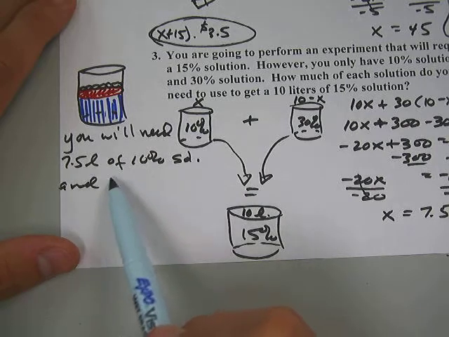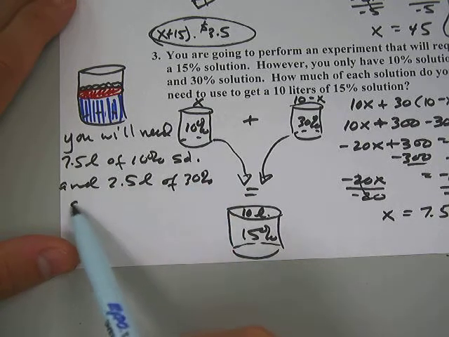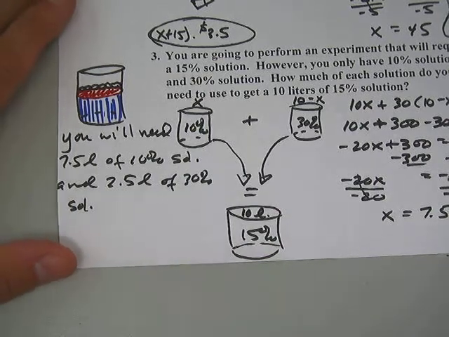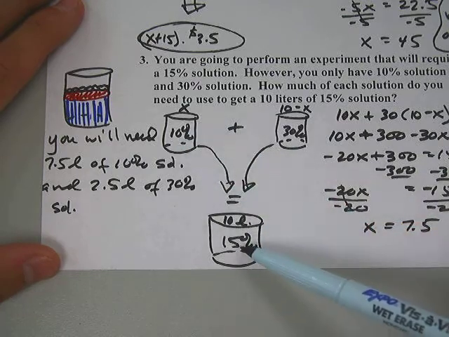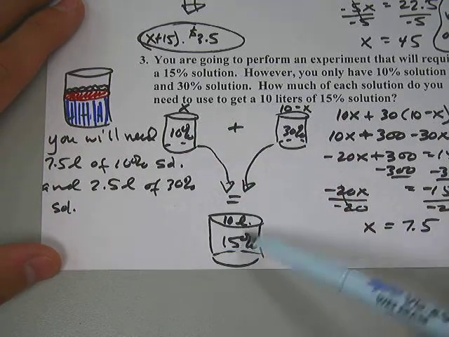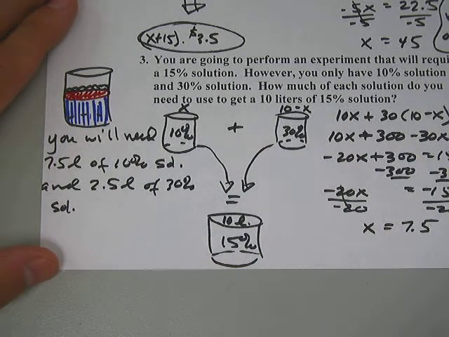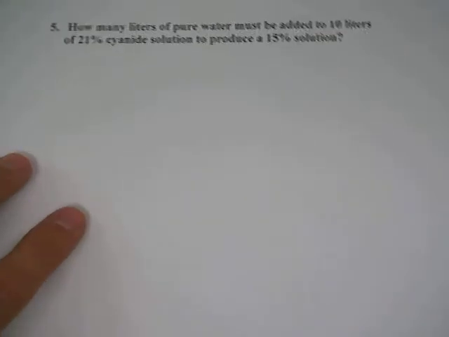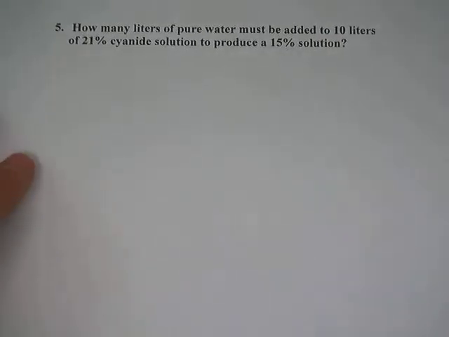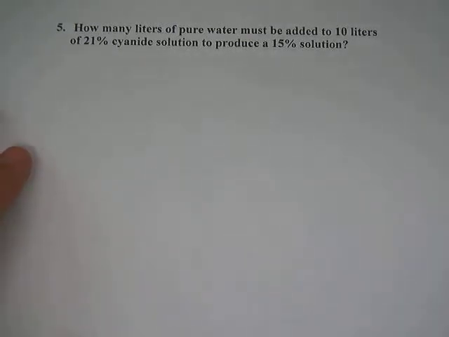So, my answer, you will need 7.5 liters of 10% solution and 2.5 liters of 30% solution. And hopefully that makes sense. We have 10%, which is closer to 15 than 30%, so we're going to need more of it to get this mixture of 15%.